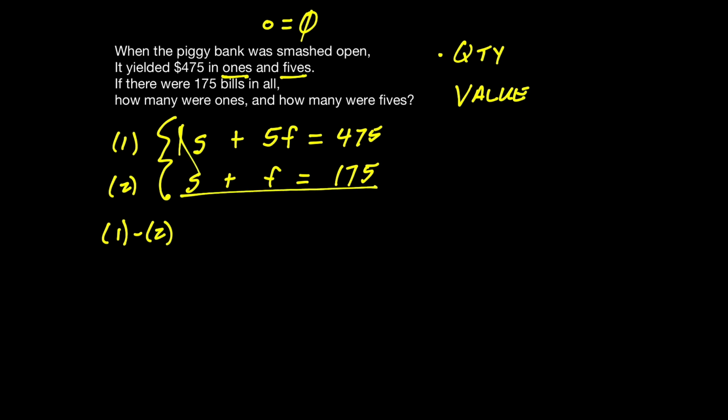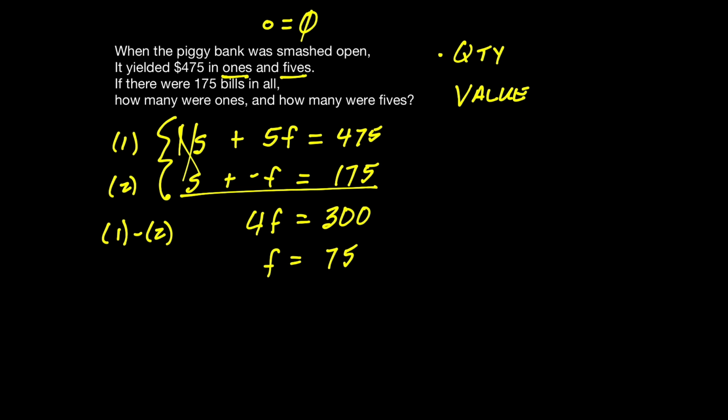Those add off, and this becomes a minus. So 4F, 5 minus 1 is 4, and this nicely works out to be 300. So 300 divided by 4 is what I have to do there. So I guess F is 75.